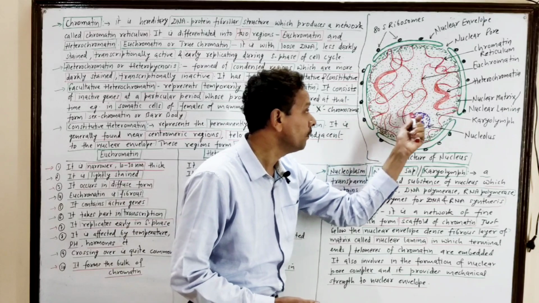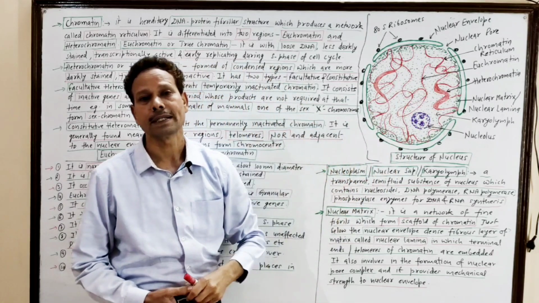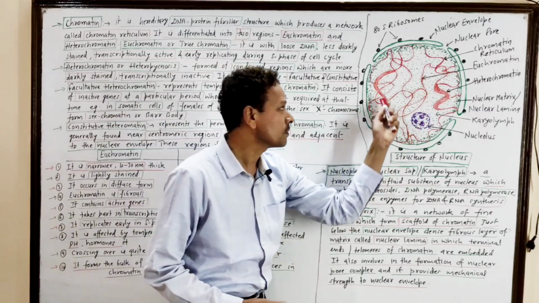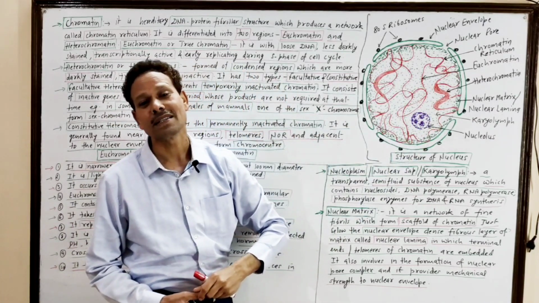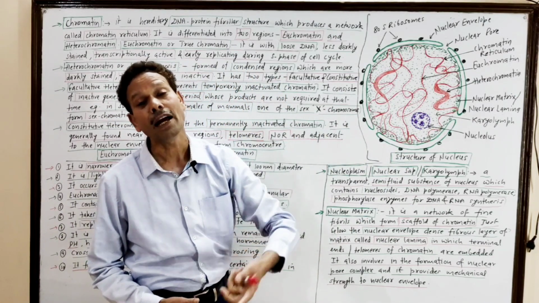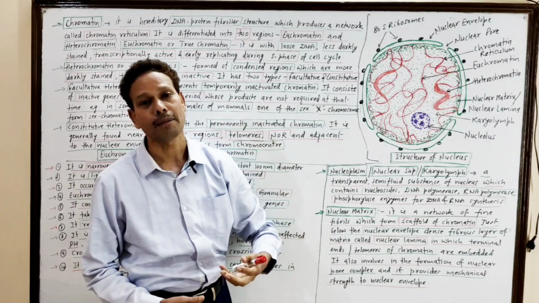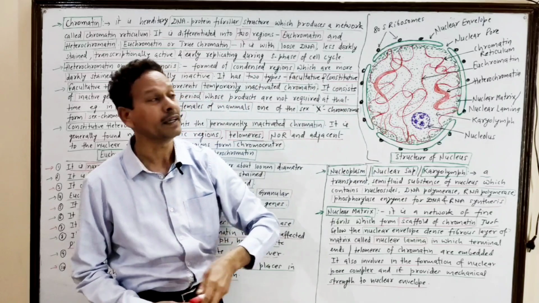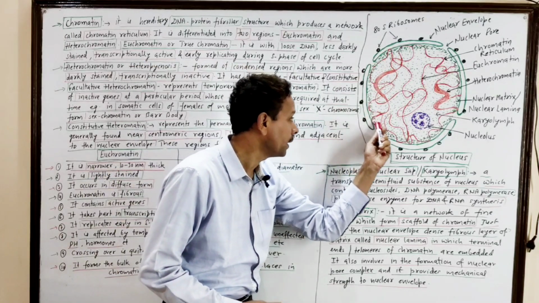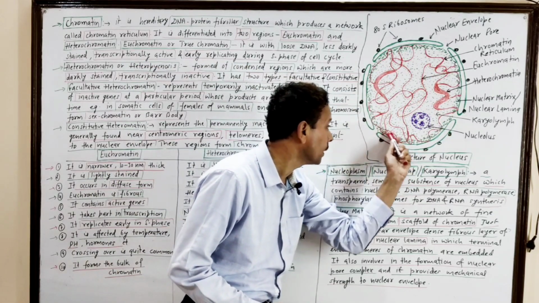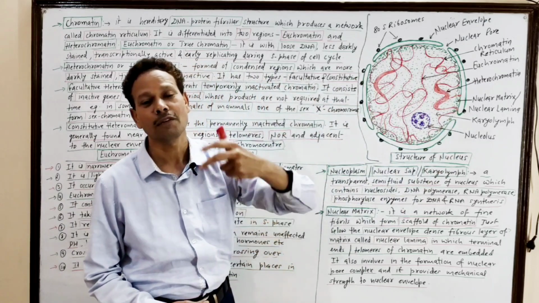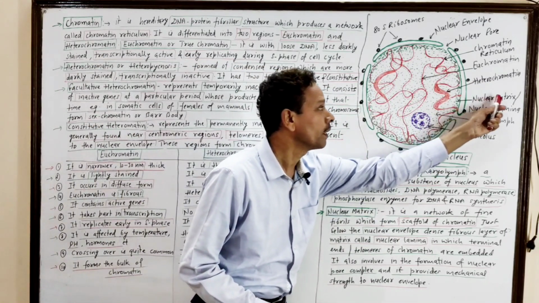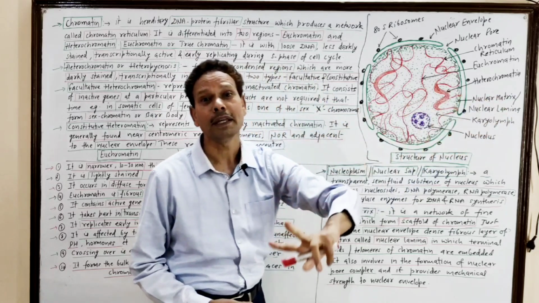And this semi-fluid substance of the nucleus, that is karyolymph, that is nuclear sap, that is nucleoplasm. As well as in today's lecture, we will cover that just below this nuclear envelope, a fibrillar network is there. It is the nuclear matrix or nuclear lamina.